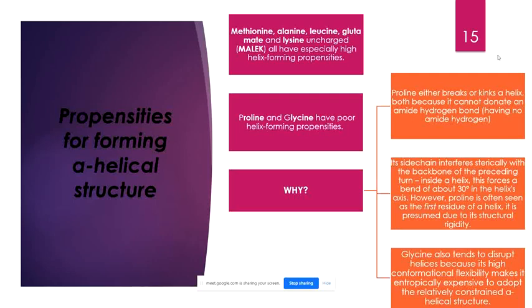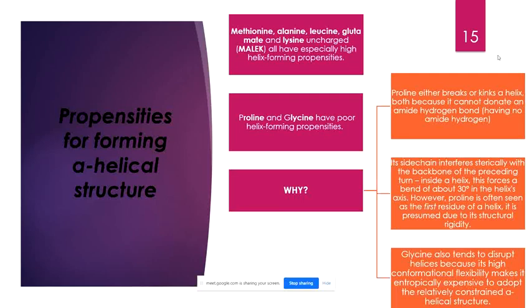And what about glycine? Glycine is a small molecule and it's really flexible. It is conformationally too flexible, and that is why it does not participate in a stable alpha helix form.